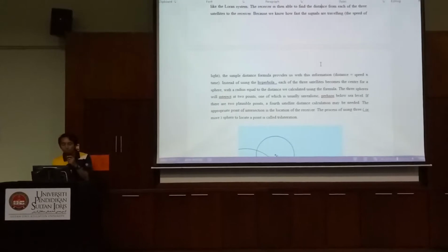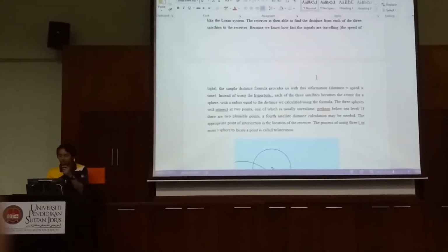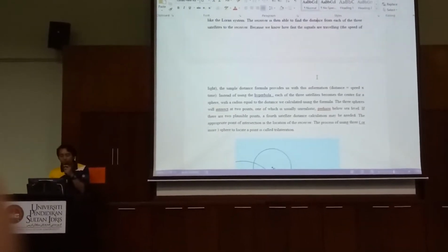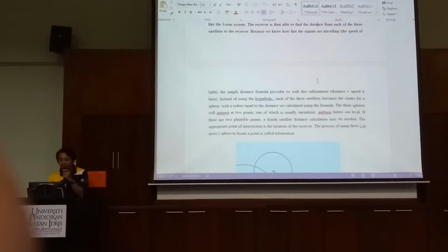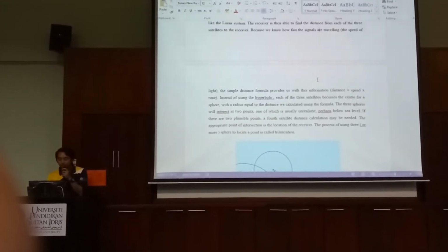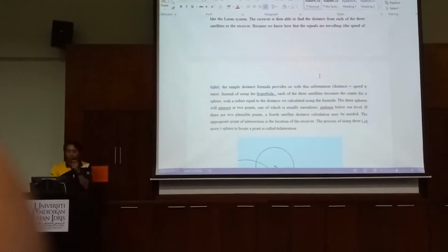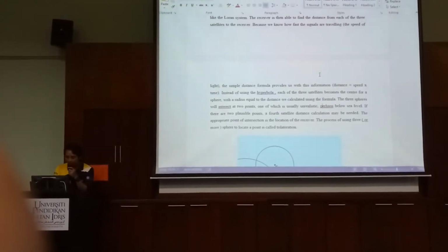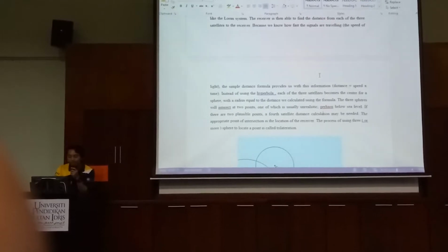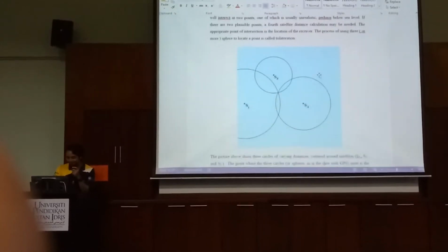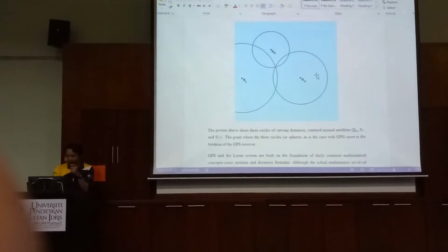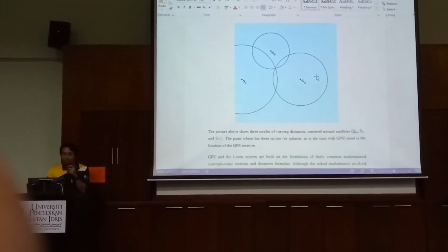If there are 2 possible points, a 4th satellite distance calculation may be needed. The appropriate point of intersection is the location of the receiver. The process of using 3 or more spheres to locate a point is called trilateration.